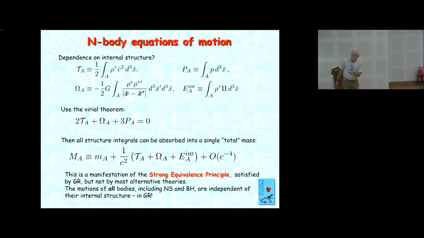So, but what is this? This is the mass plus the kinetic energy plus the potential energy plus the internal energy of our body. That's the total energy of the body, including all the other forms.